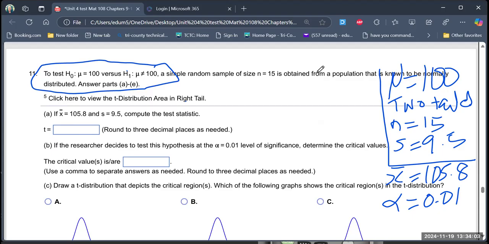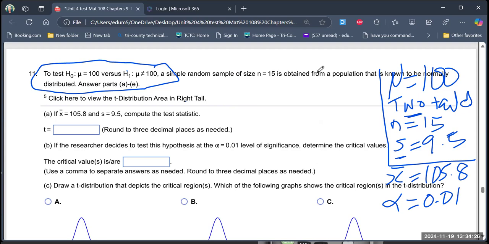I am given indirectly that it is a two-tailed test, see? I am given the sample size is 15, so it's a small sample. And I'm given that the sample standard deviation is 9.5, so they don't know the population standard deviation. So it's a t-hypothesis testing, and it's two-tailed. I have all the information.